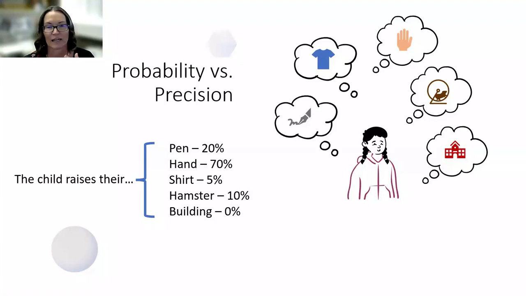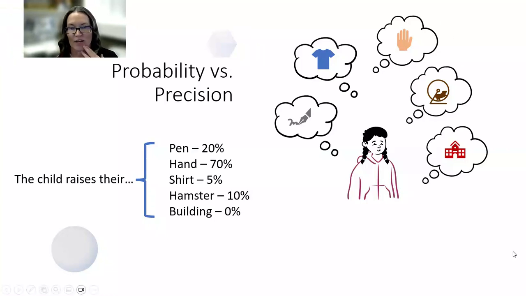So AI is thinking about what would be the next most likely word in a sentence. And because of all of its training that it's done, it can understand context and it can make a very good assumption on what the next word would be. So it can say, the child raises their, and then it looks at the context and says, this is most likely hand. So it's not determining if the content is right or wrong.